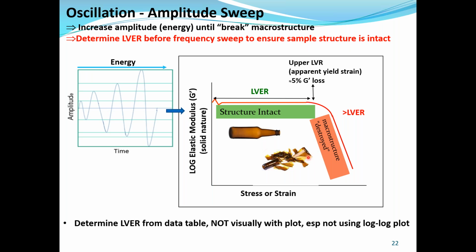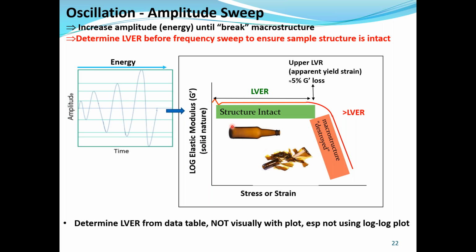So two things here. First of all, we need to determine this linear viscoelastic region, or the upper limit, as an input for any subsequent frequency study, because anything beyond this, the sample is destroyed. Typically, for a frequency sweep, once we know the linear viscoelastic region upper limit, I like to use an input percent strain somewhere around 40 to 60% of whatever the linear viscoelastic limit was.